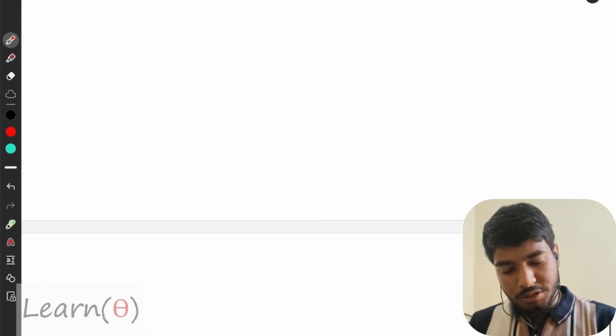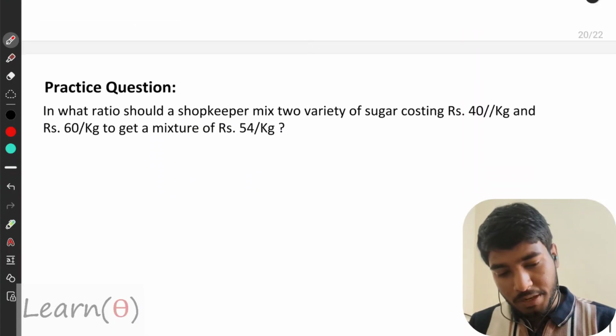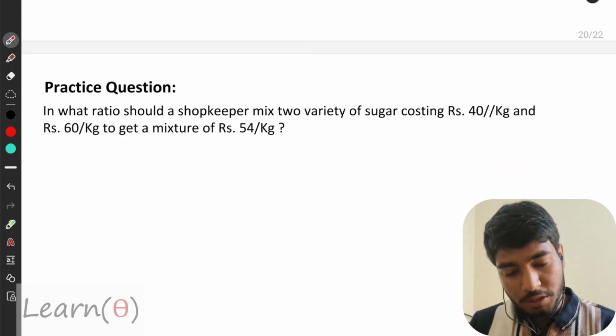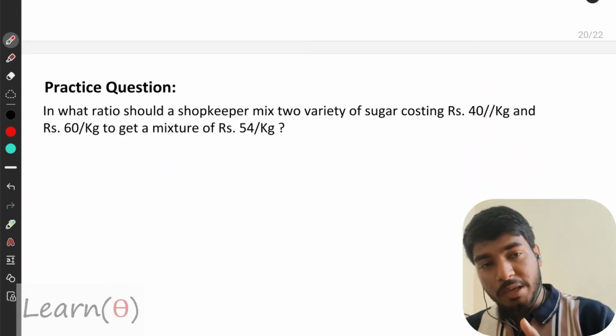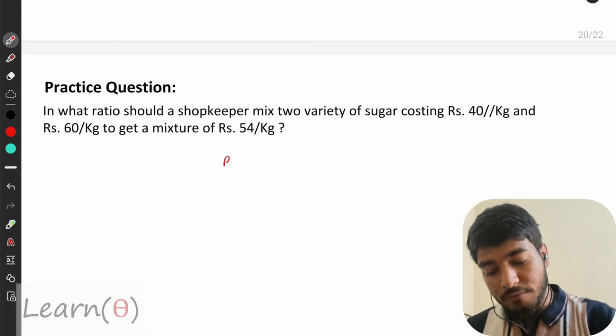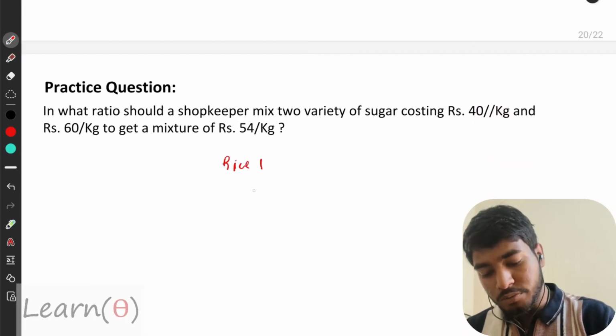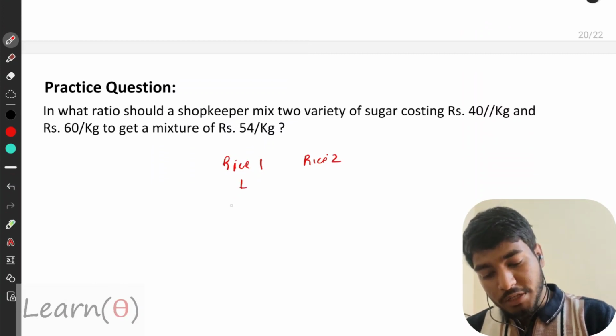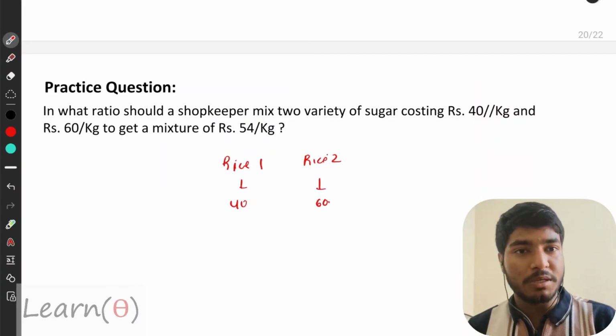So this is a question. The question says: in what ratio should a shopkeeper mix two varieties of sugar containing 40 rupees? I am having a variety. Let us say I am having rice one and rice two. Rice one has a price of 40 and rice two has a price of 60 rupees per kg.